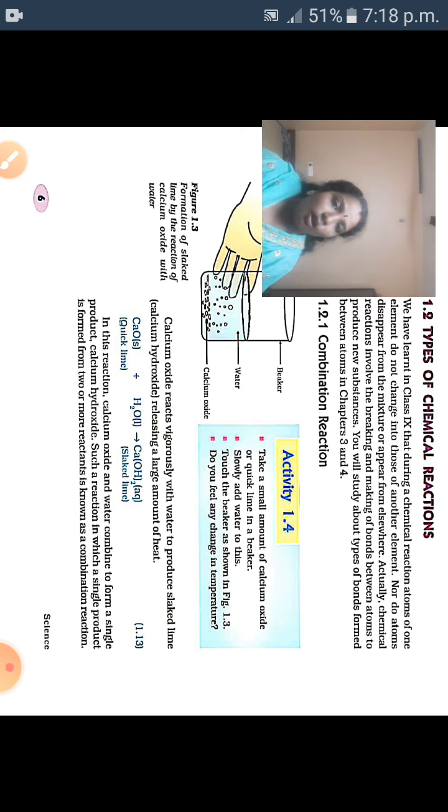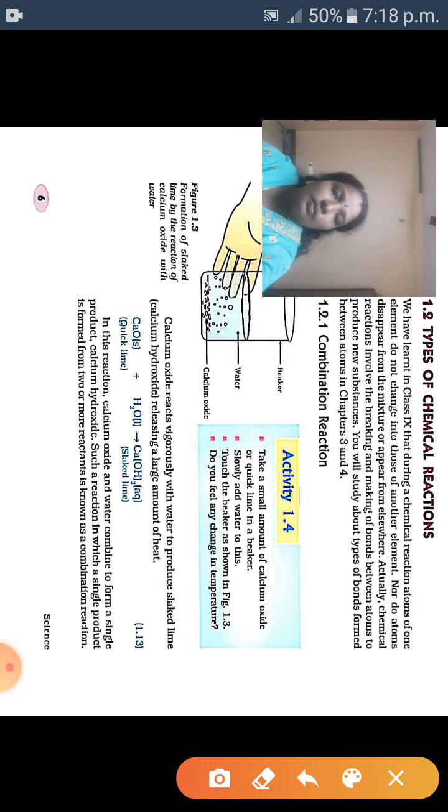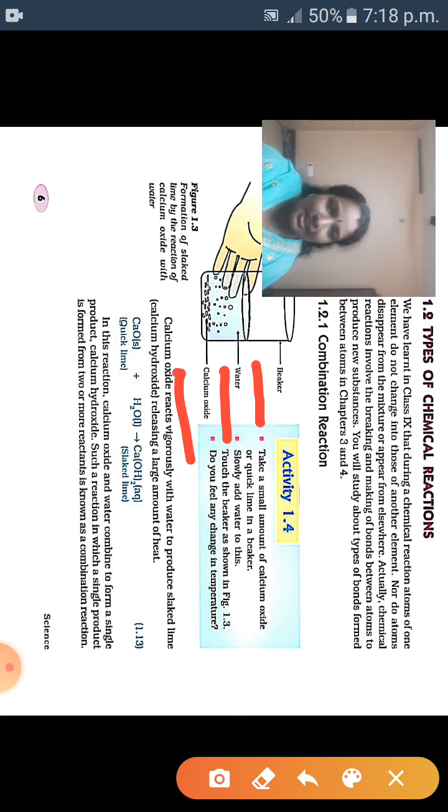First of all, look at Activity 1.4 given in your textbook. For this activity, we can use a beaker, water and calcium oxide.